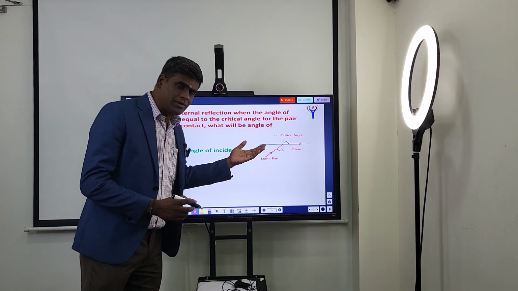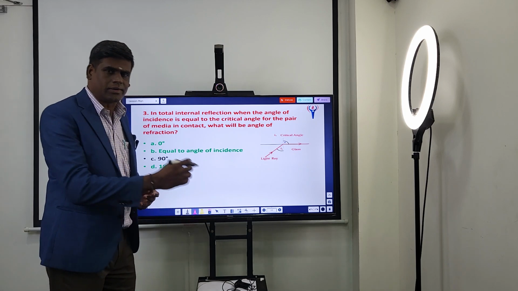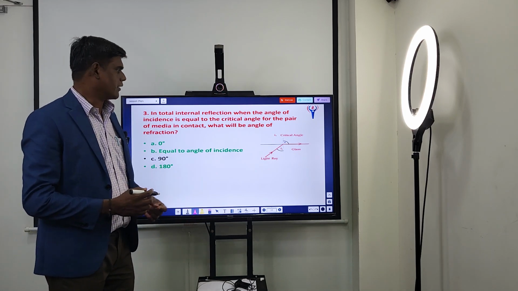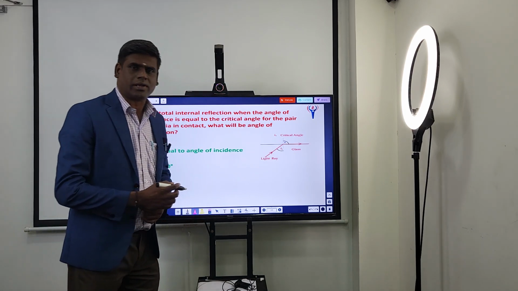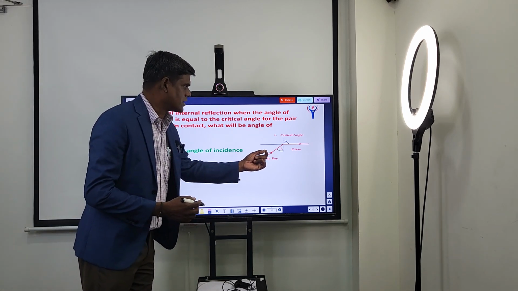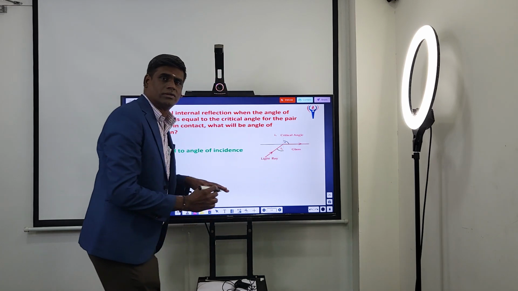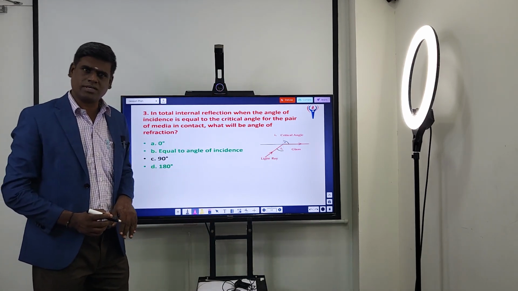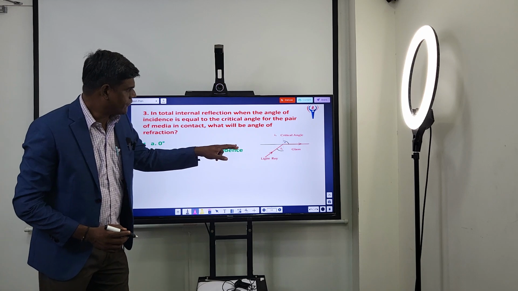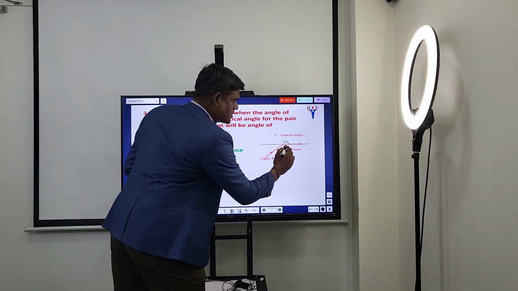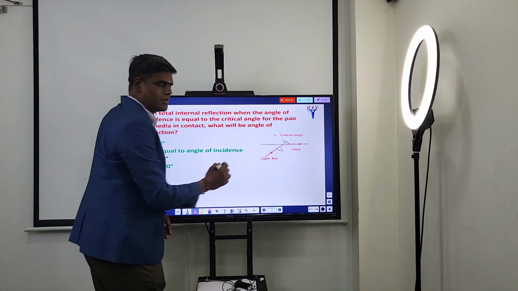If it is greater than the critical angle, total internal reflection takes place. And if it is equal to the critical angle, the refracted ray grazes over the interface between the two media, as per the diagram.